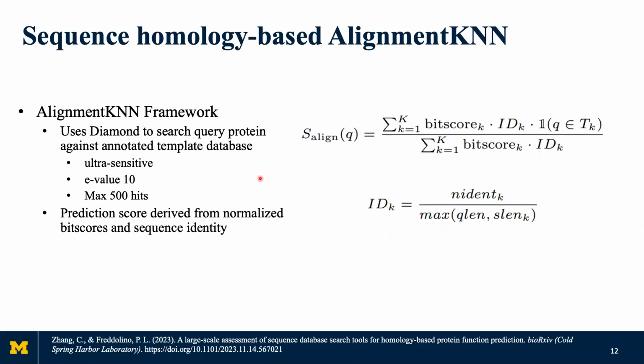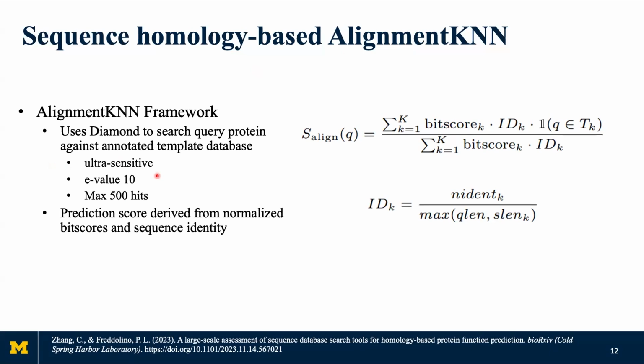Next is the sequence homology based alignment, which we call alignment KNN. It's fairly straightforward. We just use DIAMOND to search the query protein against the template database. Here are the parameters we're using: ultra-sensitive mode and an e-value of 10, and we will only accept a maximum of 500 hits.